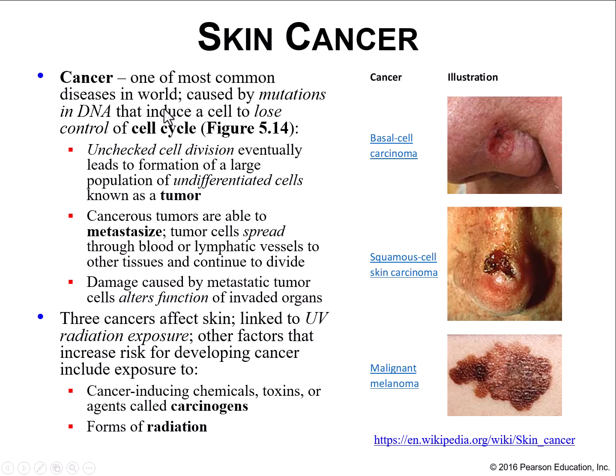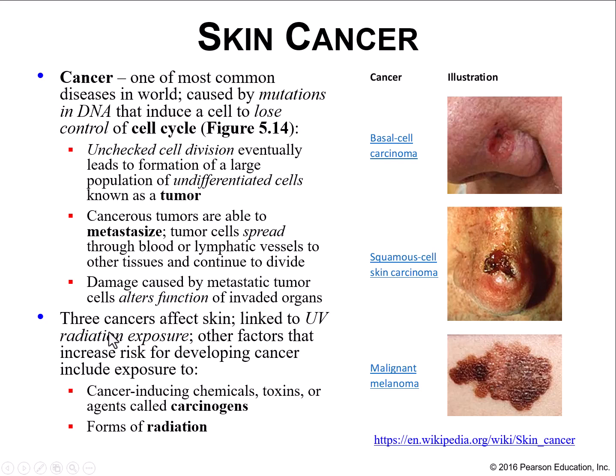The last of our skin is cancer. Skin cancer is a big problem in America. Unchecked cell division is what cancer is. If you recall when we were talking about mitosis in chapter 3, when you lose that checkpoint you get uncontrolled cell growth, and that results in a tumor, and when you lose that adherence, it metastasizes and spreads.